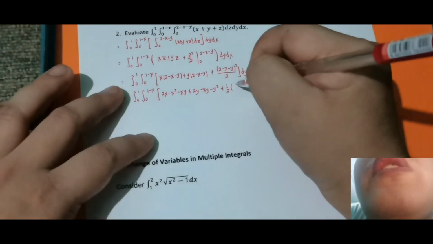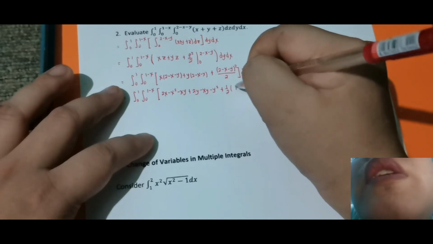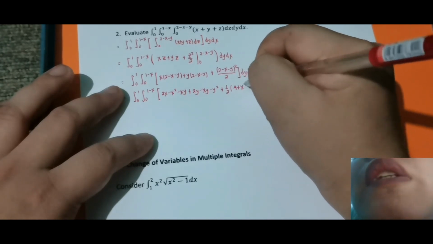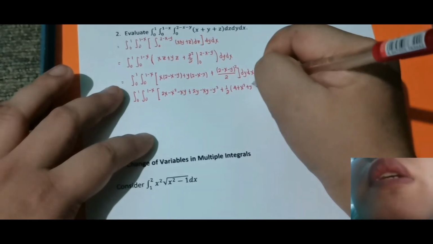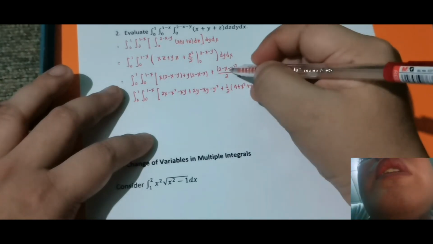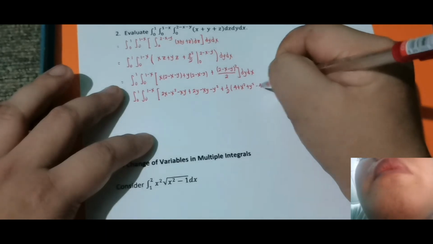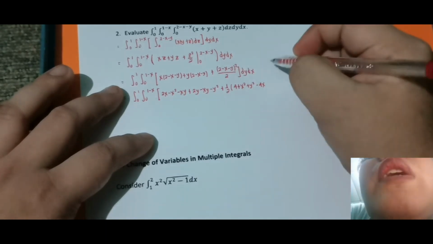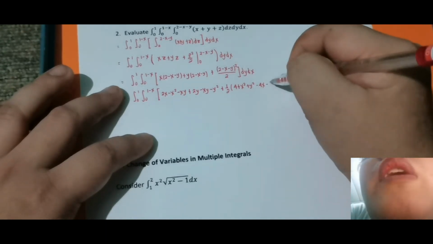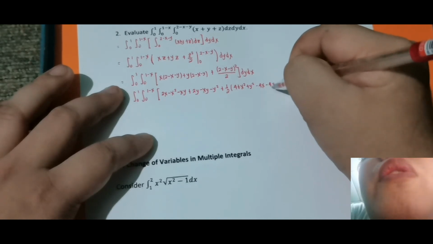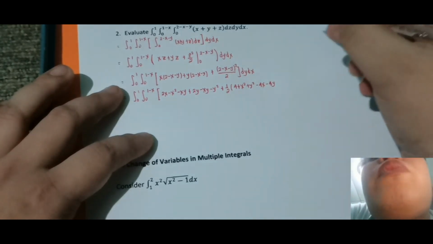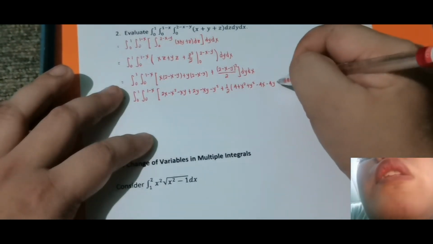So naalala mo, this is just 2 squared, this is 4 plus x squared plus y squared. So 2 times negative x is negative 2x times 2, that is negative 4x. 2 times negative y, that is negative 2y times 2, that is negative 4y. Negative x times negative y is positive xy times 2, that is 2xy.